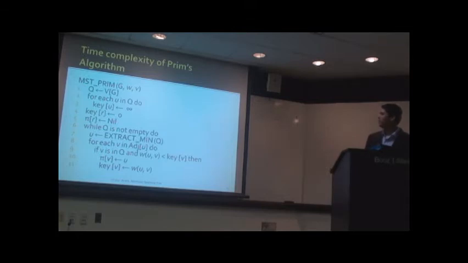This loop runs order of n time, right? And this loop can potentially run order of n time, right? So this should be order of n squared time here. And then we have some constant time within that.